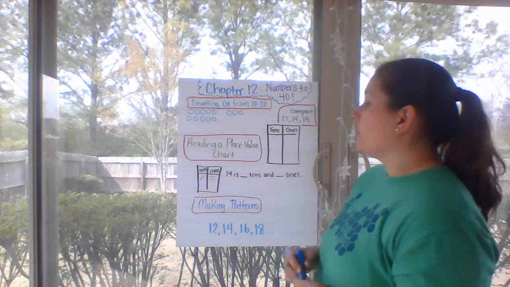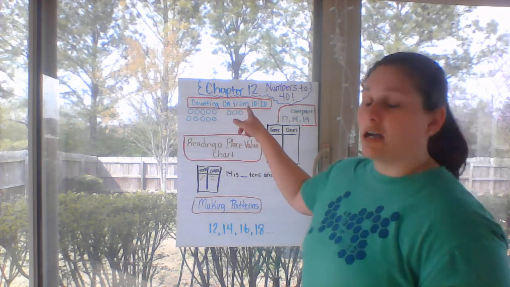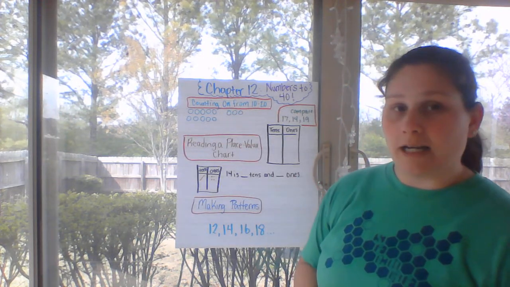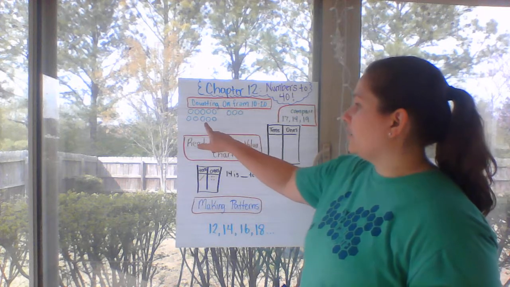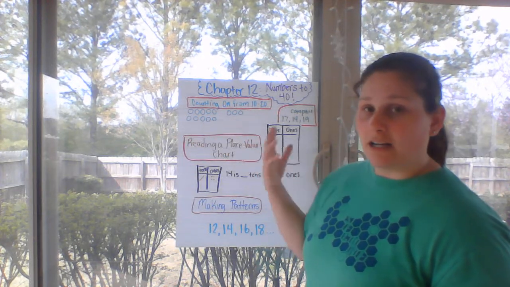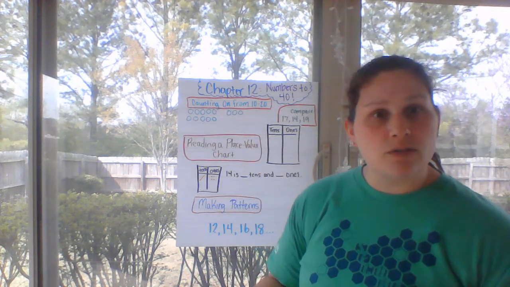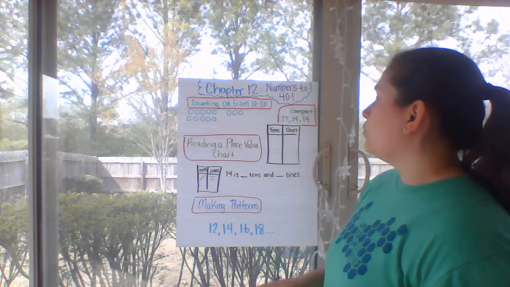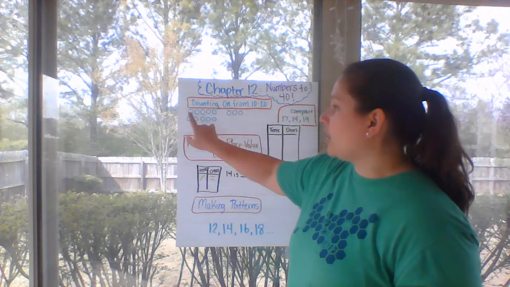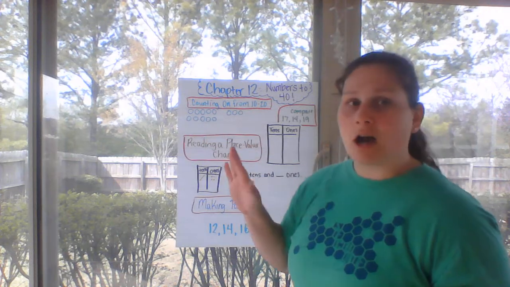So the first thing you want to make sure you remember how to do is counting on from 10 to 20. Okay, so here you can see you have 10. I very easily see 5 and 5 make 10. So I can think of a tens frame. And what they want you to do is not start here, 1, 2, 3, 4, 5.